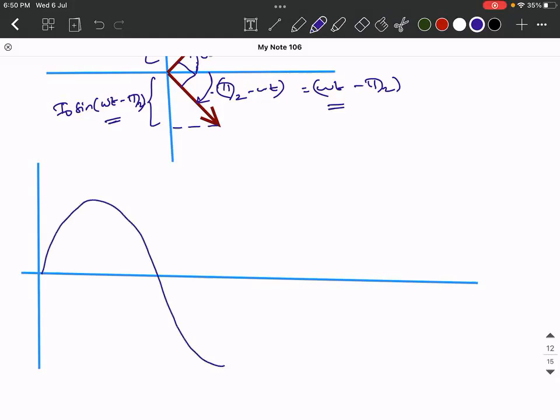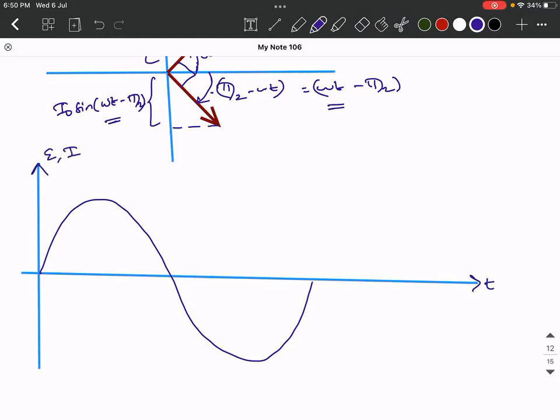So this is the graph for what? Time. This is EMF and current. If I drop a perpendicular, this height is E naught. Then where will I start from?